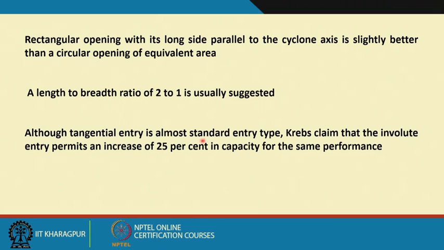Although tangential entry is almost the standard entry type, Krebs, one of the largest manufacturers of this cyclone, which has now been taken over by another company, claim that the involute entry permits an increase of 25% in capacity for the same performance, but you have to check which one is better for your application.